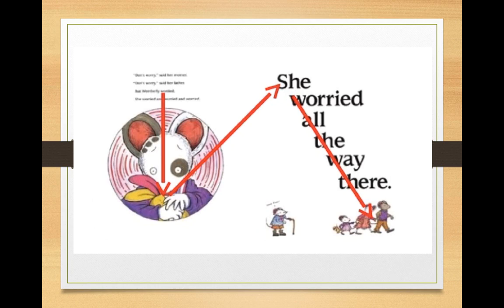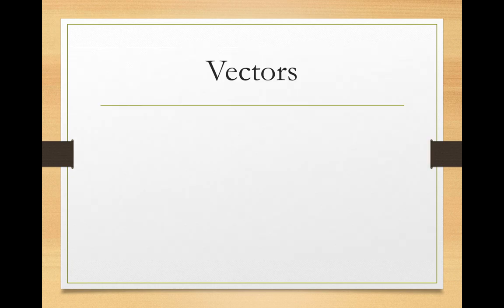So you look down at that image and then you go back up to the words "she worried" all the way there, and then you finish with the other little characters in the bottom right-hand corner of that image. And that is called a reading path. It's where your eyes travel to when you try and take in a whole image.